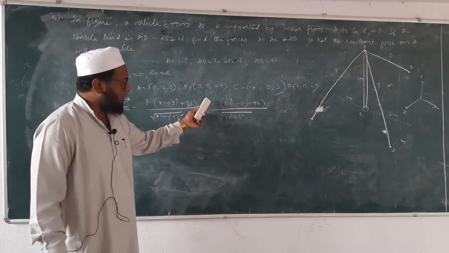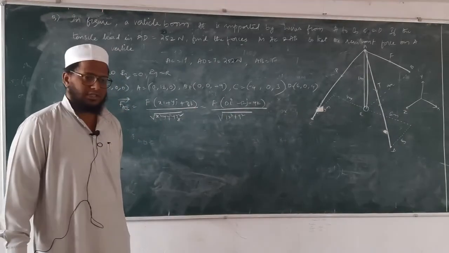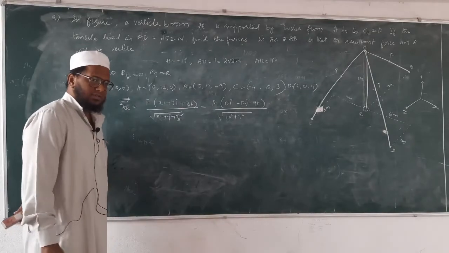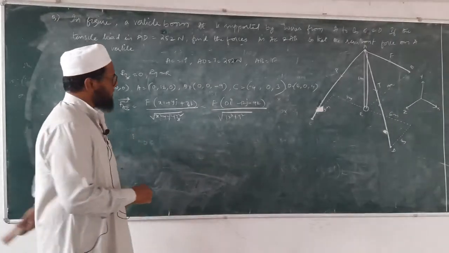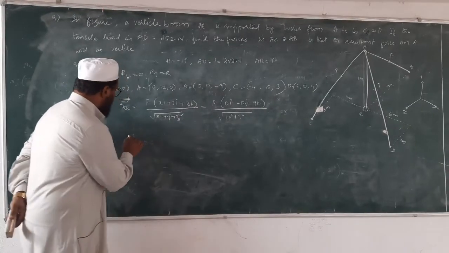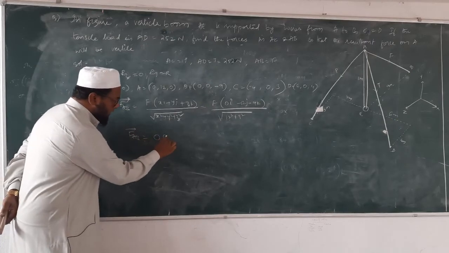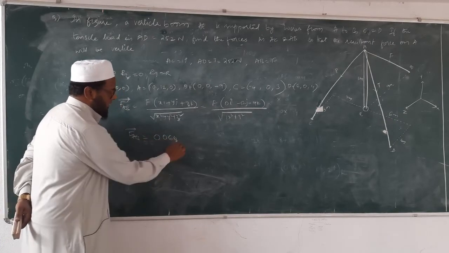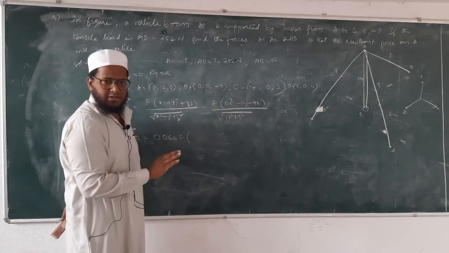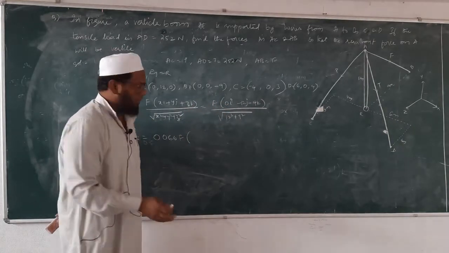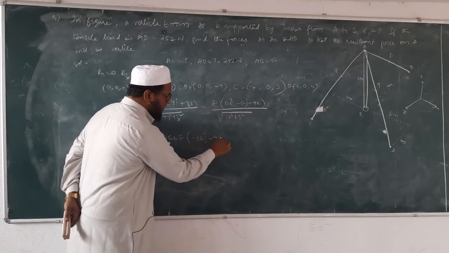So what is this value? 1 by under root 12, 0.066. So see here, force vector AB is equal to 0.066 F into i will become 0, right? 0 into i will become 0. So we'll be remaining with minus 12j minus 9k.